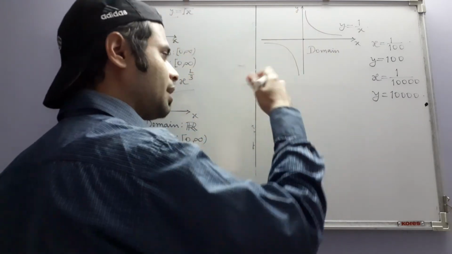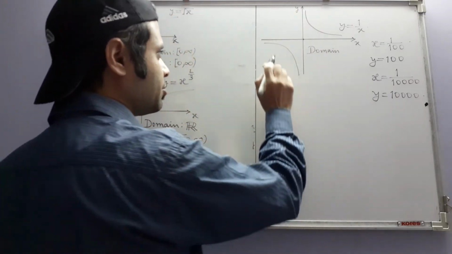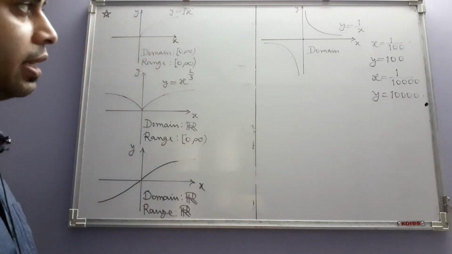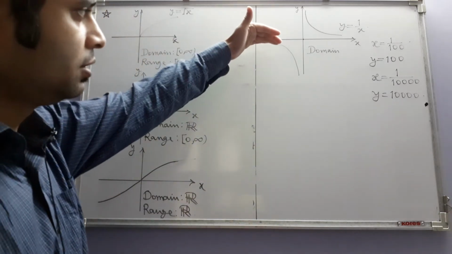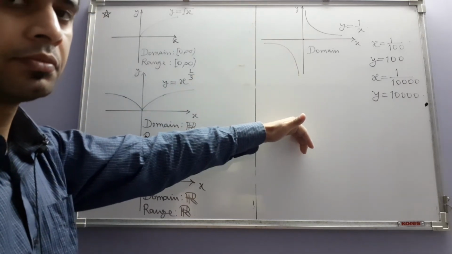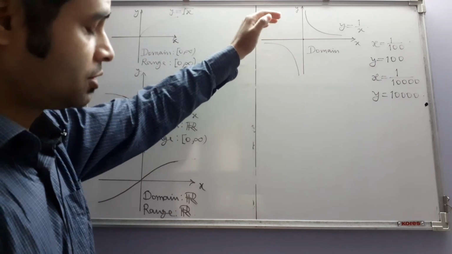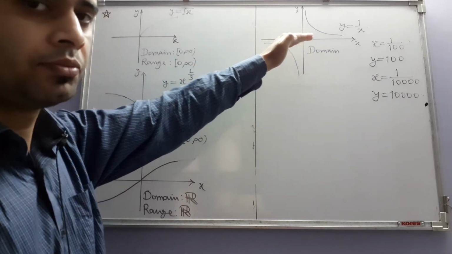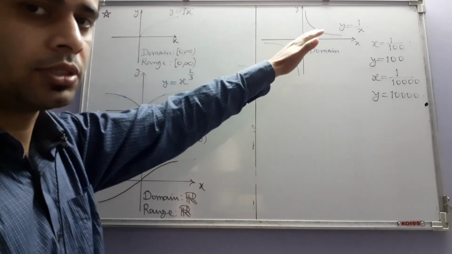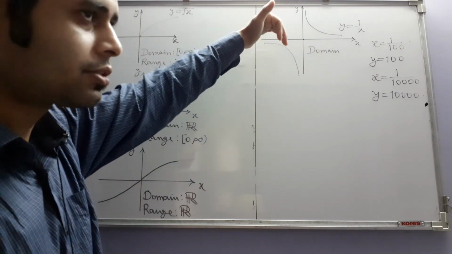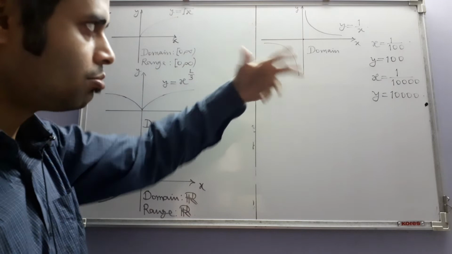Just like that, on the left side we have similar things happening, but because of negative x and also negative y, the graph dips. The closer you come to 0, you take x close to 0 but on the negative side of the x-axis, then y is also negative but y becomes numerically large.